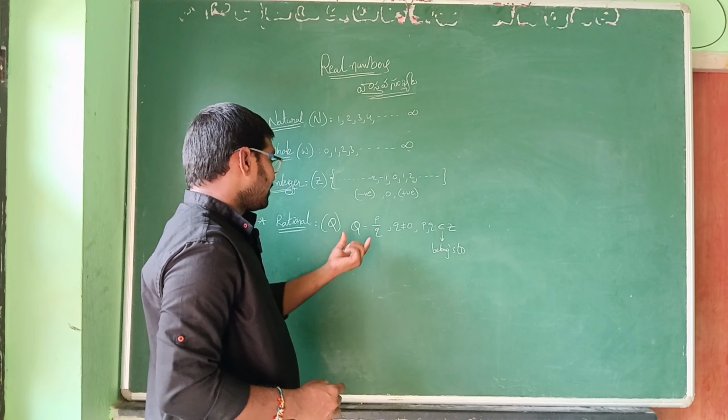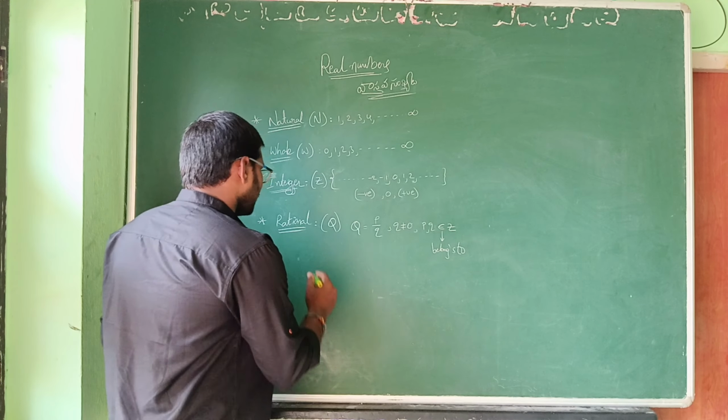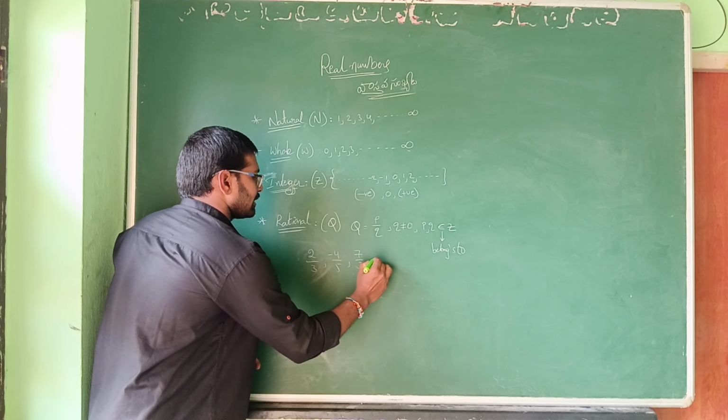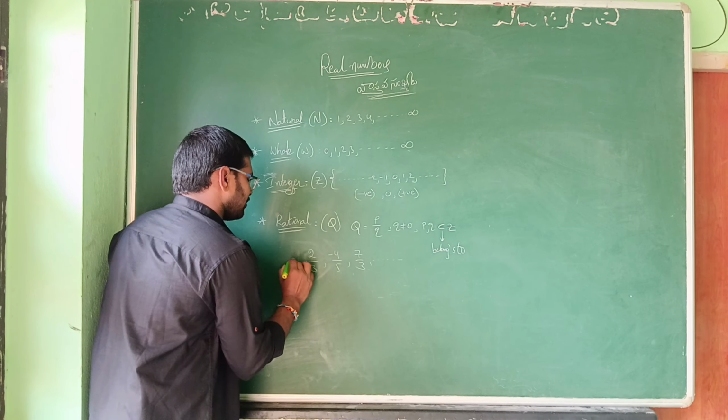See, now if you take any number like 2 by 3 or minus 4 by 5 or 7 by 3, all of these are rational numbers.